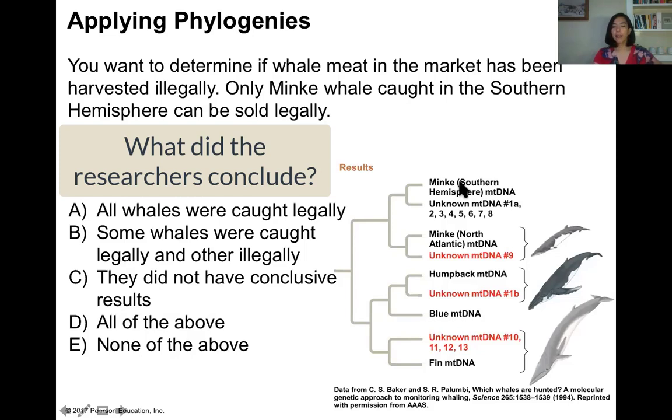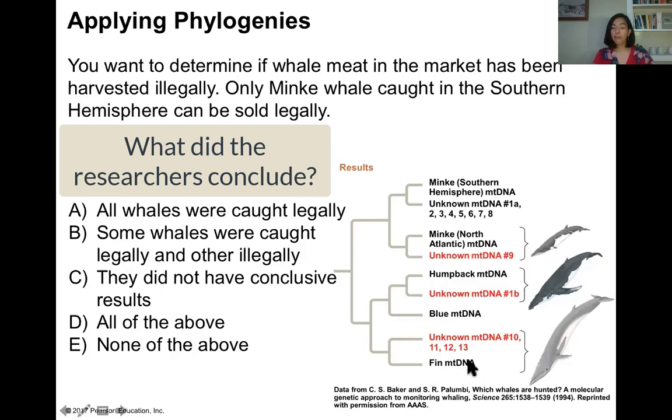So they have minke whales from the southern hemisphere. They also have minke whales from the North Atlantic, plus humpback, blue whale, and fin whale.